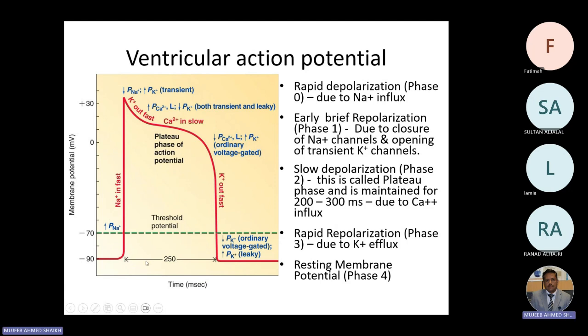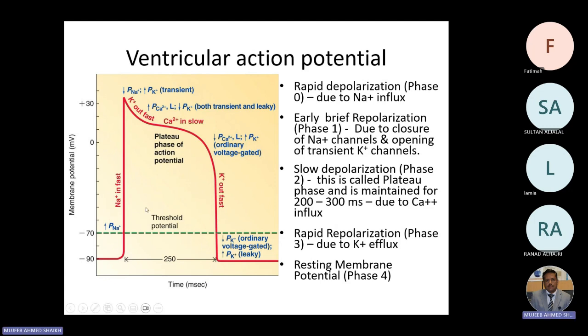This gap, that is 250 milliseconds, which is related to the plateau phase, in this phase, no second action potential will come. This is called the long refractory period. The whole phase is refractory. Refractory means a second action potential will not be generated. If a second action potential is not generated, then there will be no second contraction in this phase.